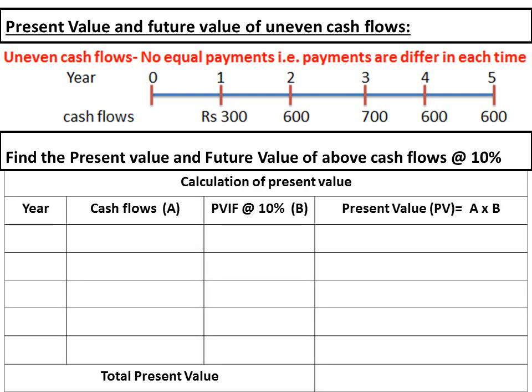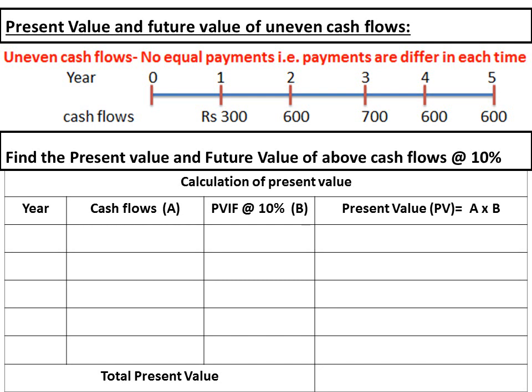Calculation of present value. Have a look at this format: year, cash flow, which we can denote as A, and PVIF. Don't use the PVIFA, always use PVIF. If there is the tabulation method, always use PVIF or FVIF.